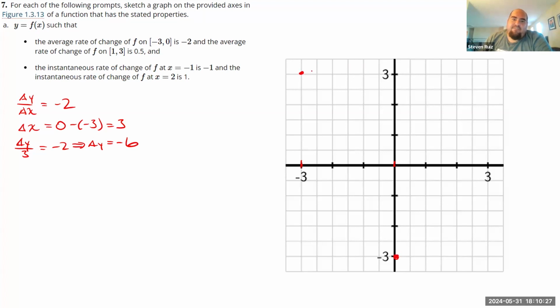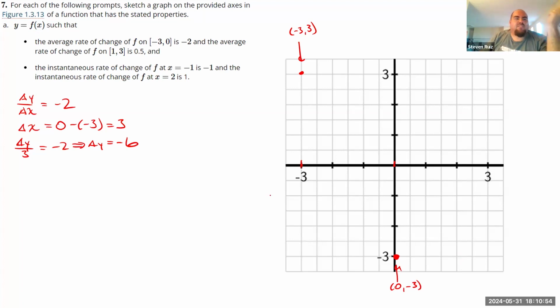Again, you don't have to begin and end at those two places, but you probably want to be close to this if you want to stay on this plot. But that's what I'm going to stick with. So this point right here will be -3, 3, and this point right here will be 0, -3. Okay, so I know those 2 points are going to be on my graph.